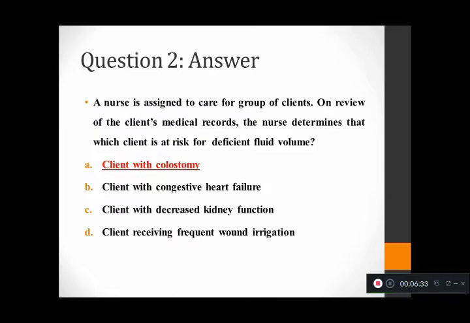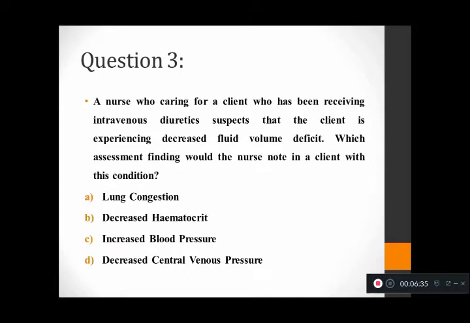Now move on to the third question. A nurse who is caring for a client who has been receiving intravenous diuretics suspects that the client is experiencing fluid volume deficit. Which assessment finding would the nurse note in a client with this condition?